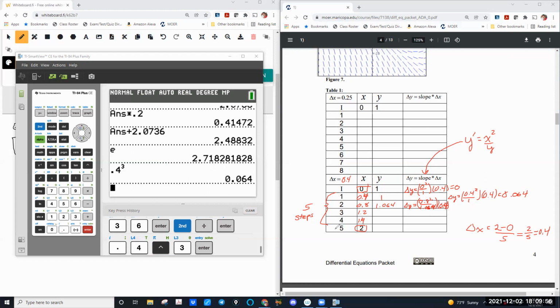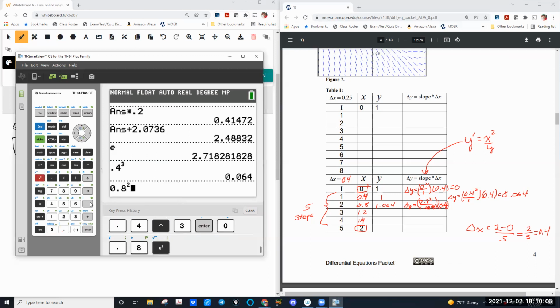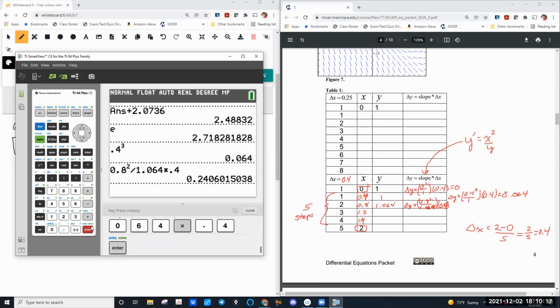But now we would do, okay, we do exactly what it says. We do 0.8 squared divided by 1.064 and then times 0.4. There's our delta y for this one.